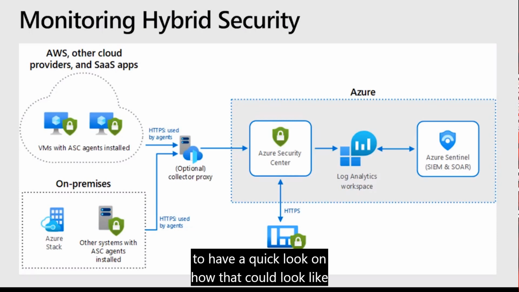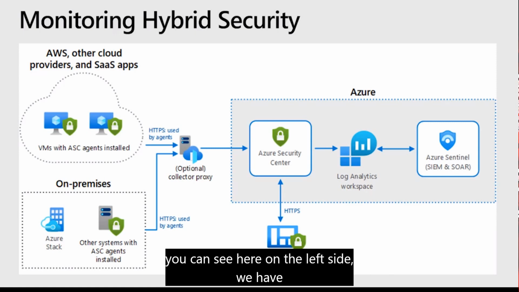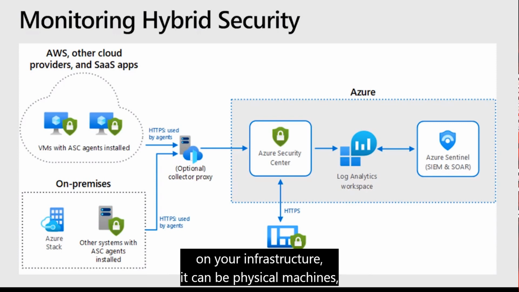To have a quick look at how that could look in a more architectural way, you can see here on the left side, we have resources living outside of Azure. These can be on-premises systems, running on your infrastructure, physical machines, or even Azure Stack as well.